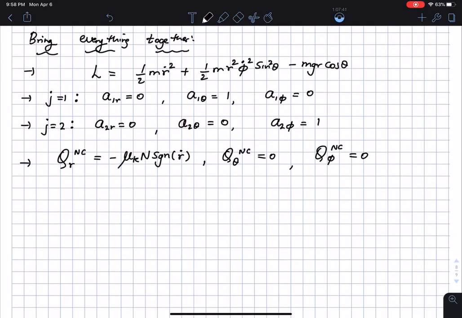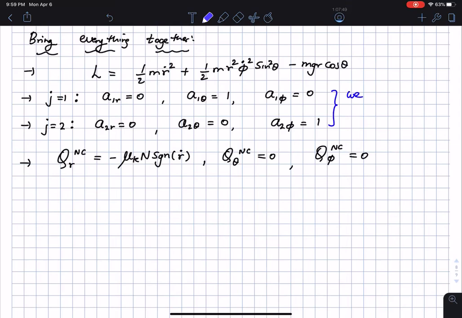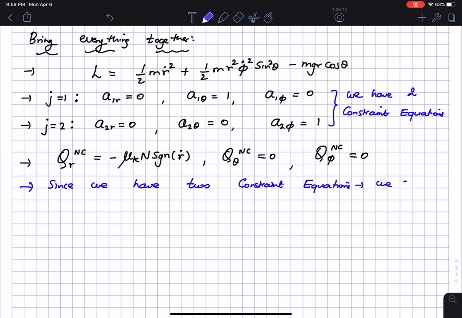And we see that because we have two constraint equations, we're going to have lambda 1 and lambda 2, two multipliers. Something that I want to make a note of: since we have two constraint equations, we will have two Lagrange multipliers.